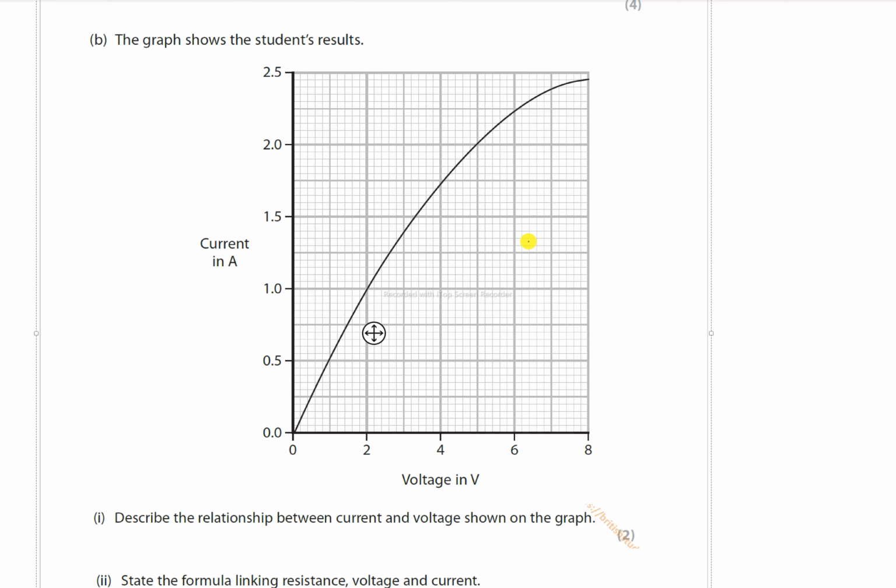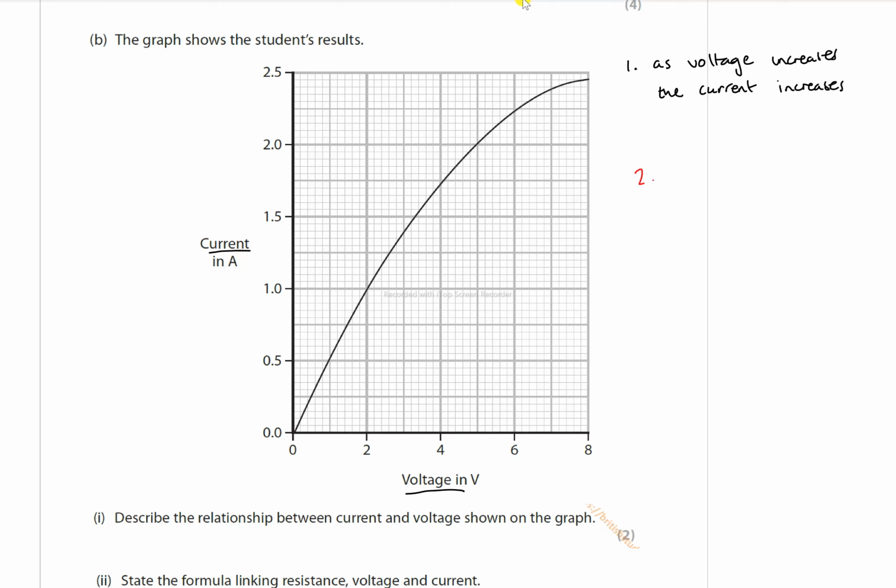So the first thing you've got to write down is, for the first mark, as voltage increases, basically whatever's on the x-axis, the current increases. Right, that's the first mark.